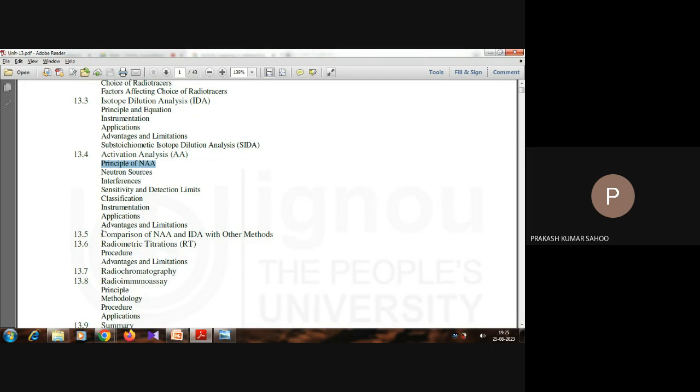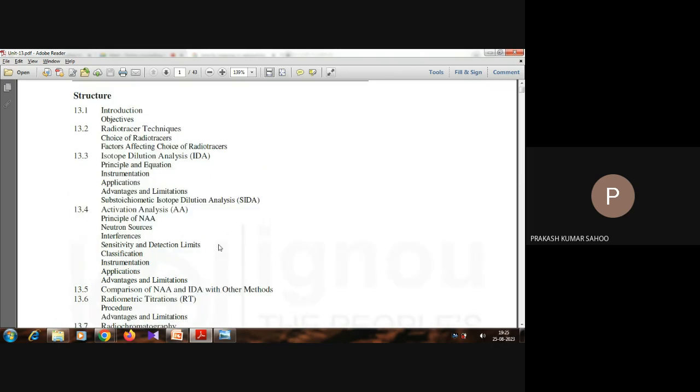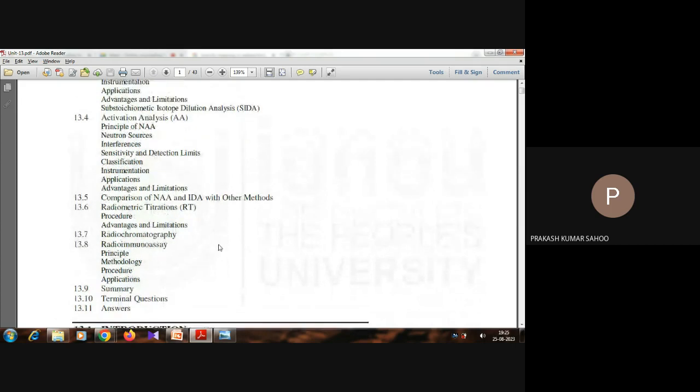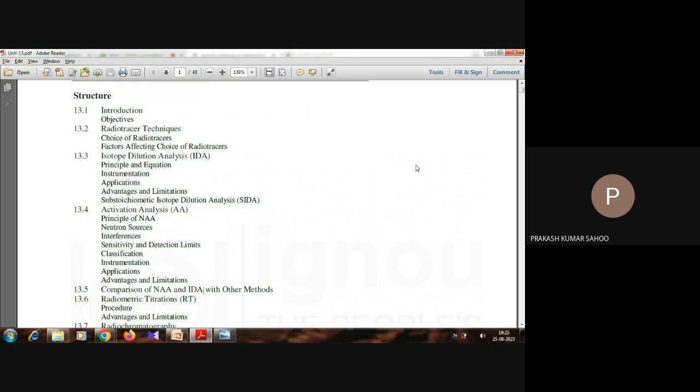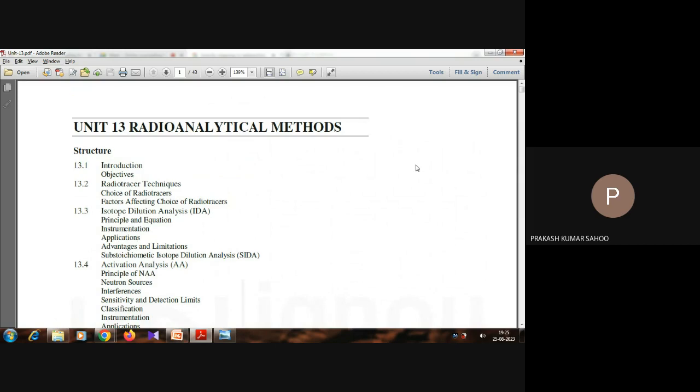And you have to remember the comparison of NAA and IDA. So from this unit, these are some important points from my side, and I hope you will get questions from this part. This is a very hectic unit out of all the units, and it is just the applied part of your radioanalytical methods.